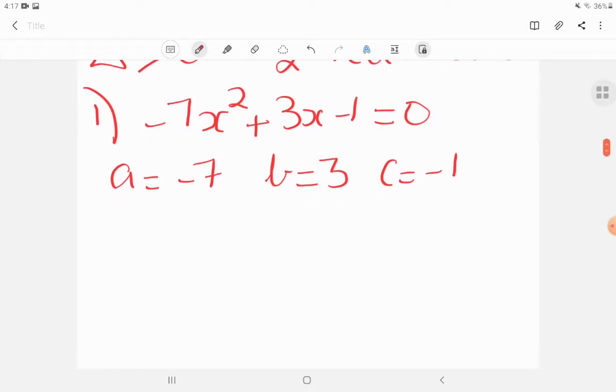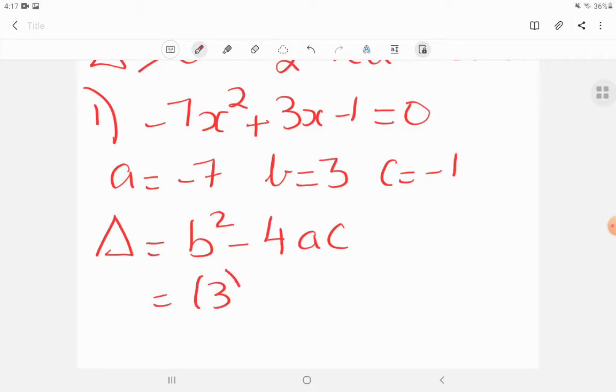So we use the formula delta is equal to b squared minus 4ac. We substitute the values for a, b and c into this formula. So we get 3 squared minus 4 times minus 7 times minus 1.